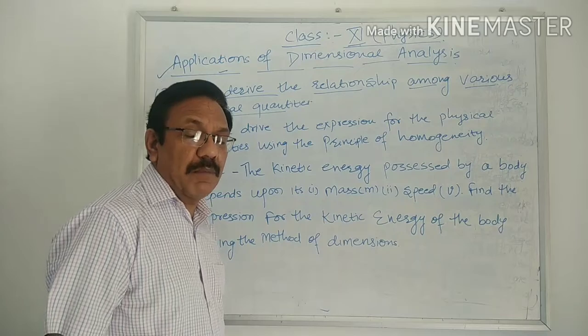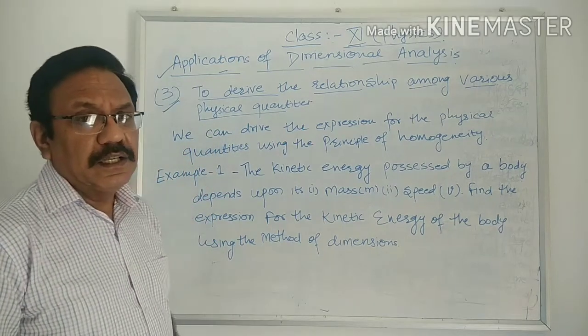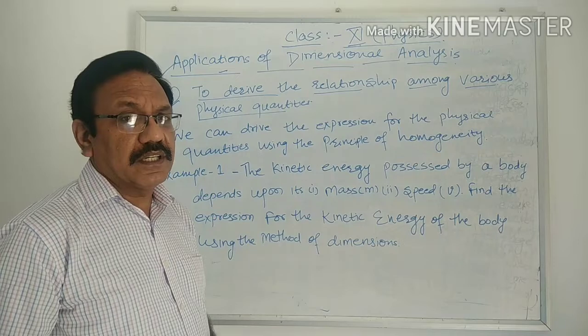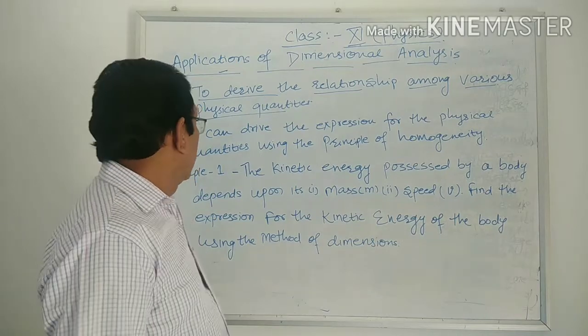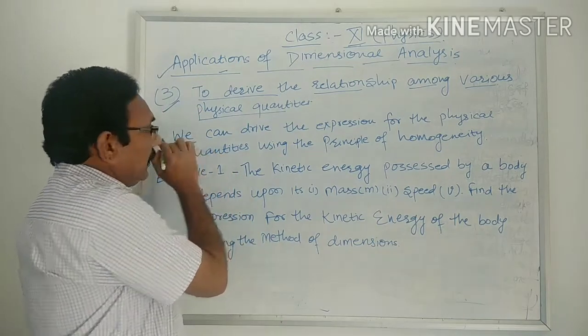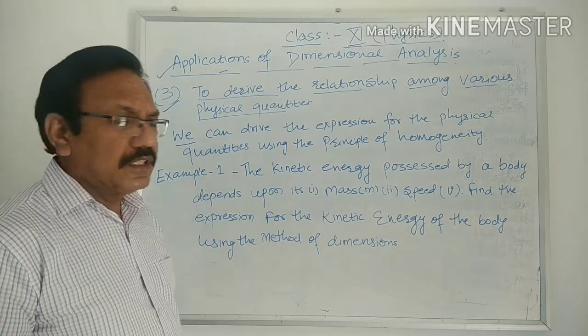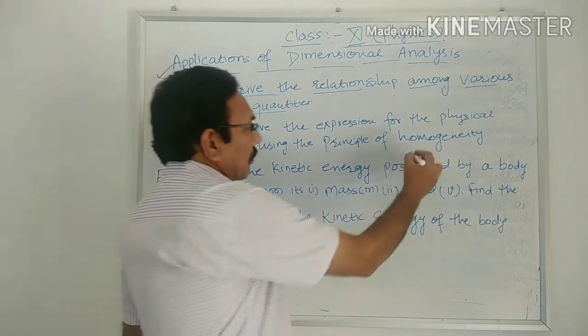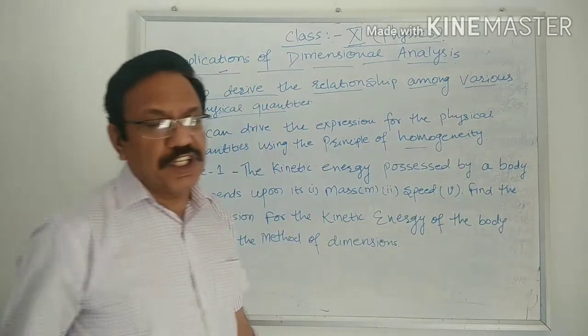By the use of dimensional analysis, we will derive the relation between various physical quantities. This is possible. We can derive this relation by the use of the principle of homogeneity.